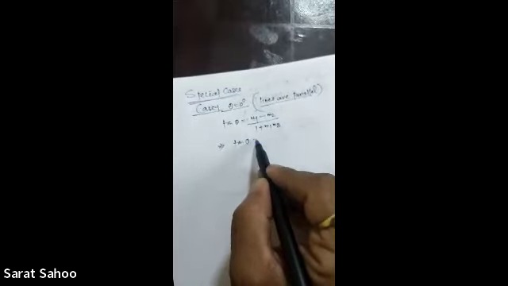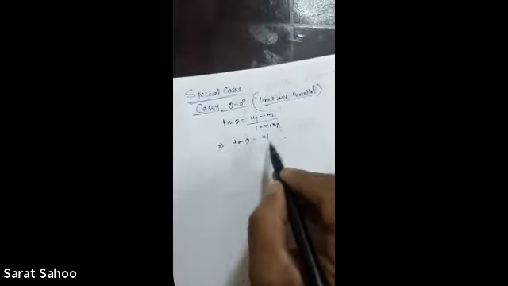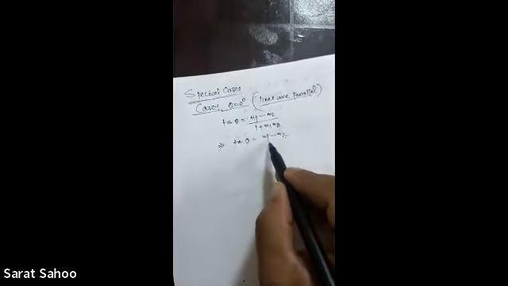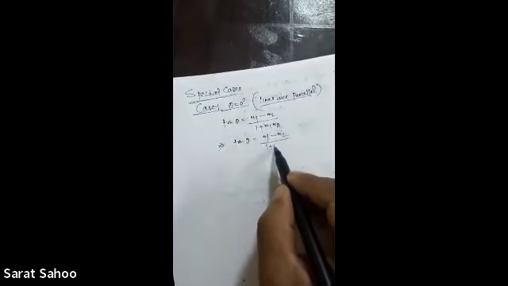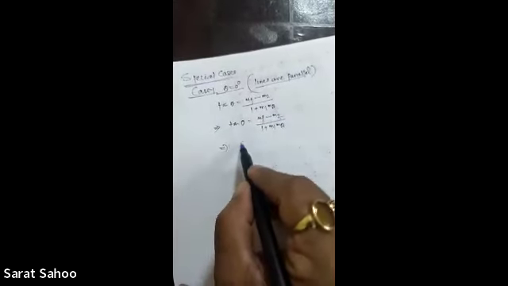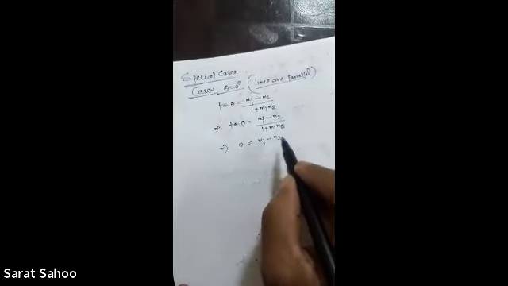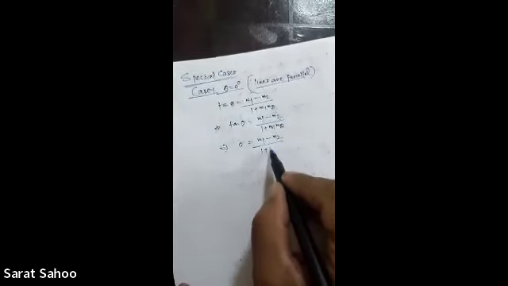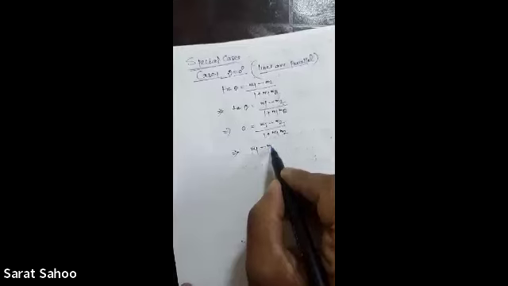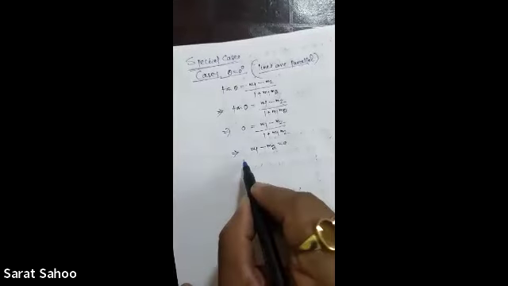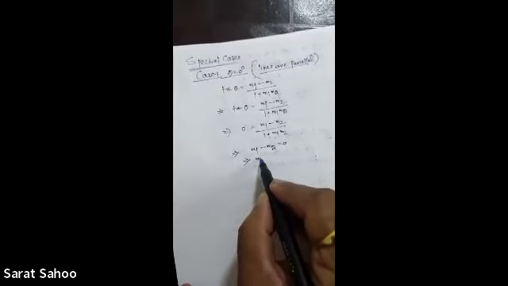So tan 0 is equal to m1 minus m2 upon 1 plus m1 m2. The value of tan 0 is 0. 0 equals m1 minus m2 upon 1 plus m1 m2. So m1 minus m2 is equal to 0. This implies m1 is equal to m2.